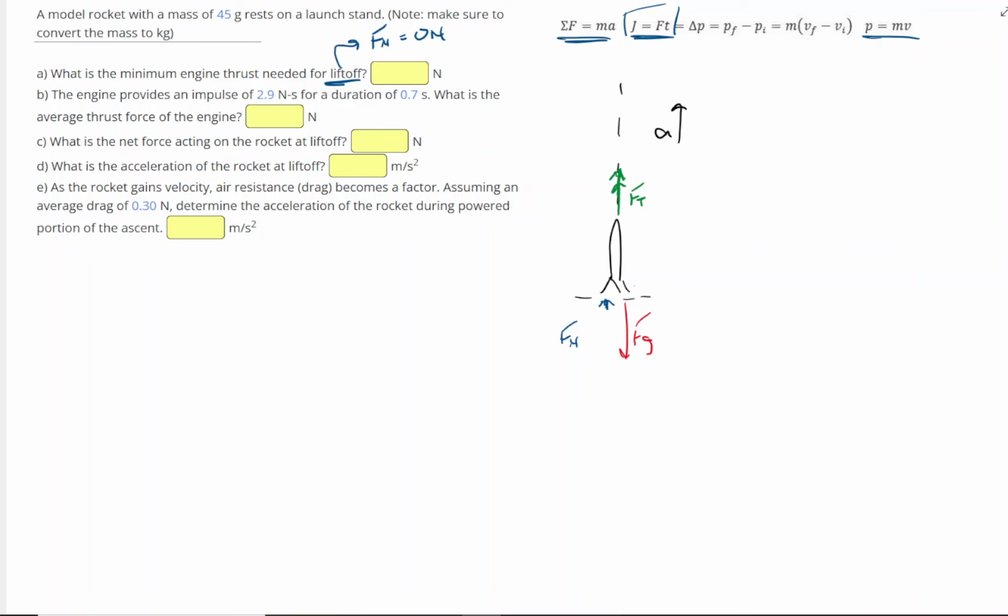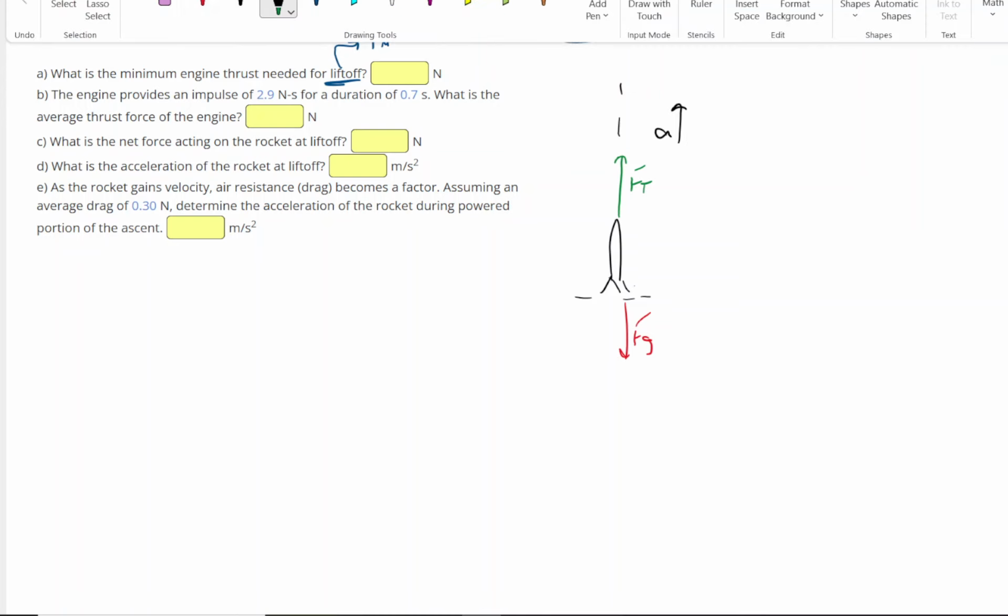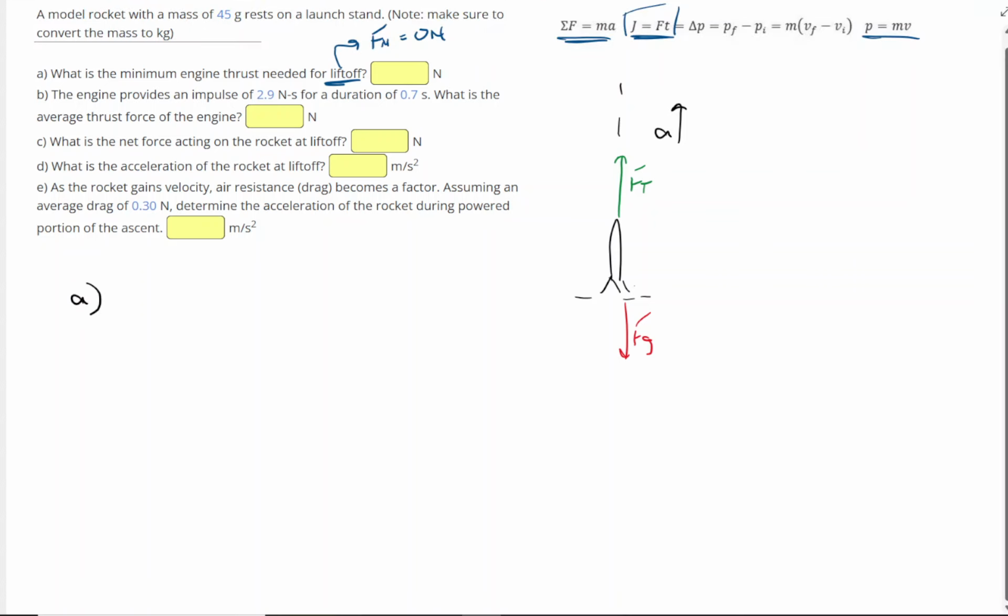When we get to that minimum thrust at takeoff, that's going to occur when the normal force goes away, and we're going to have the thrust force equaling the force of gravity. So for scenario A, we know that we are accelerating upwards, and at liftoff, the thrust force is equal to the force due to gravity. So if we have that minimum, then the scale would read 0 and we're ready to take off.